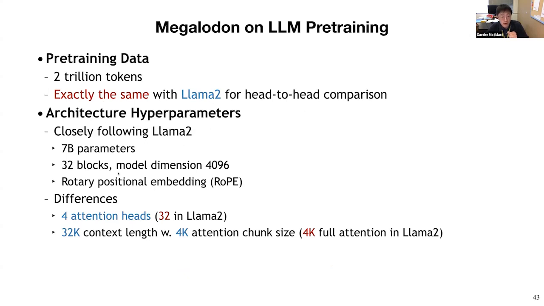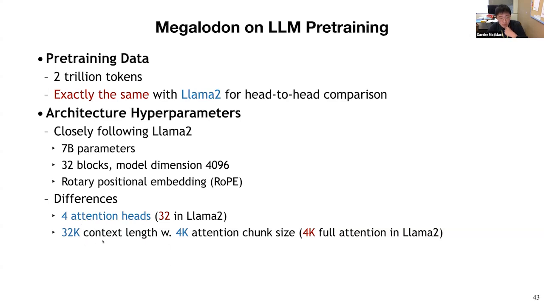We use 32 blocks, model dimension 4096, and rotary position embedding. The difference is that, as I said, because we use gated attention, we reduce the number of heads from 32 to 4 heads. So we reduce the number of heads by 8 times.